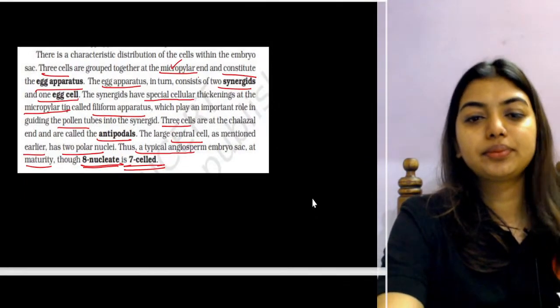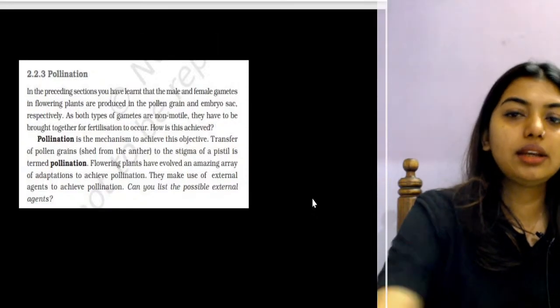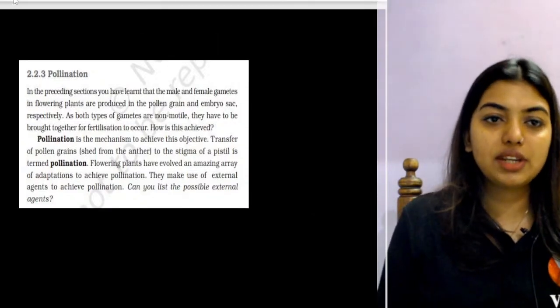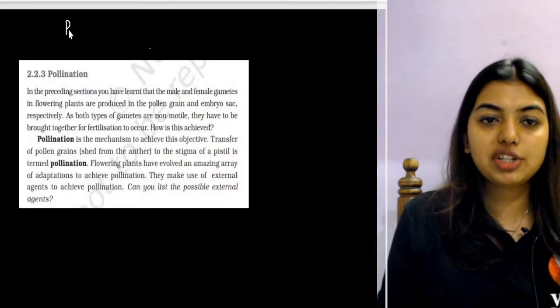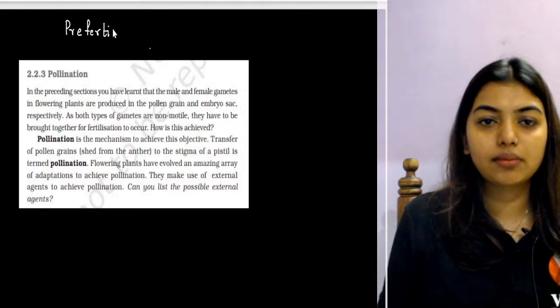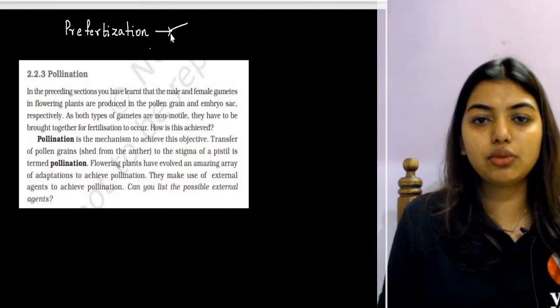Now pollination. So students, see, at what stage are we? We have finished pre-fertilization. Pre-fertilization means we had to do two jobs. We had to form the male gamete, get ready with the male gamete, and we had to make the female gamete.